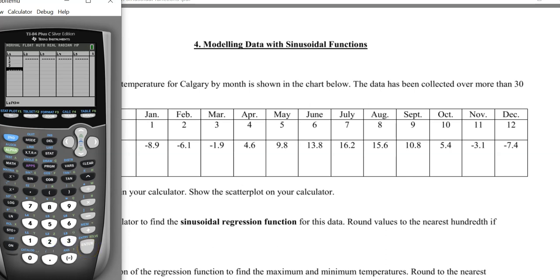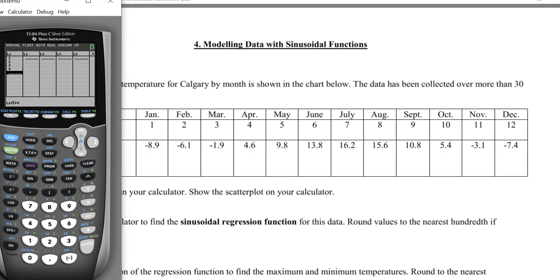So these are average daily temperature for Calgary by month. What we do is we take the average temperature for each day in the month. So let's say November: take the average temperature for each day, and then we average those.